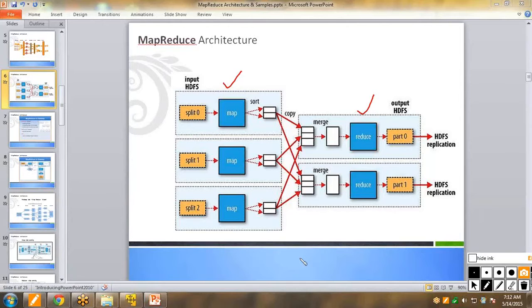But the simplicity comes with some heavy lifting. That heavy lifting is done by MapReduce. So once you come to Hive and Pig, you will be relieved to know that MapReduce is not completely required all the time. That's what I'm trying to say.